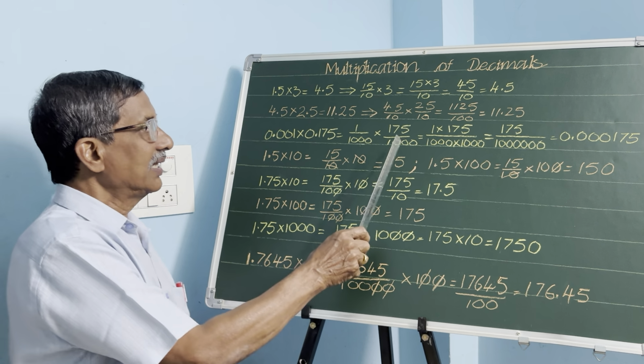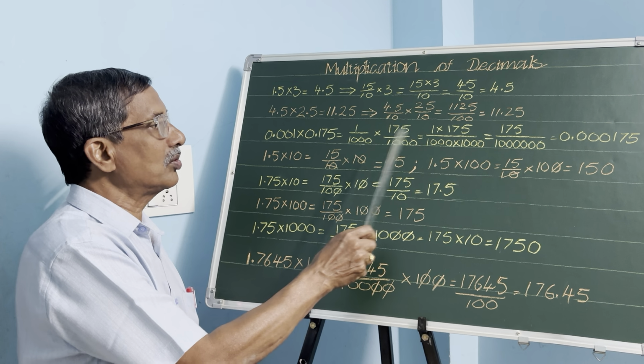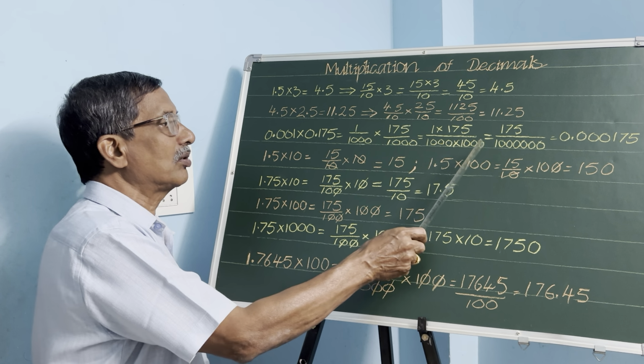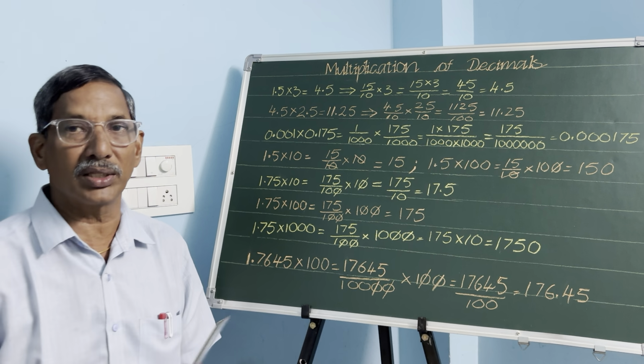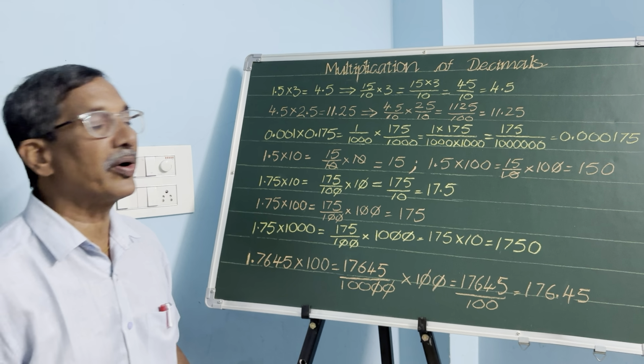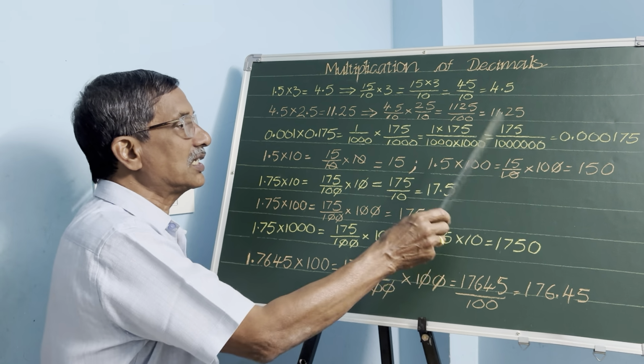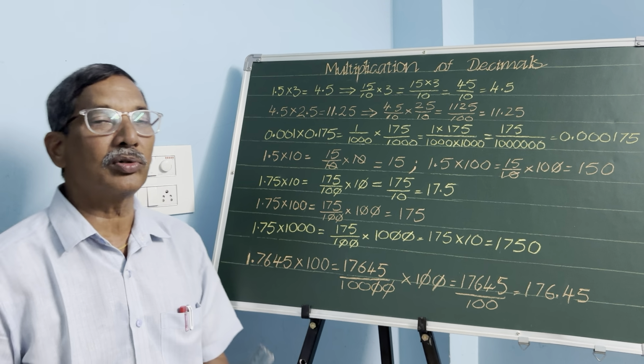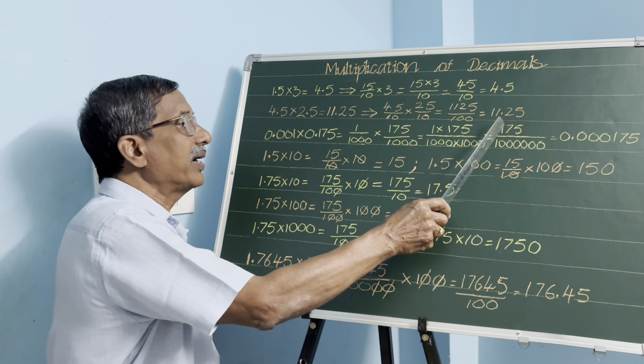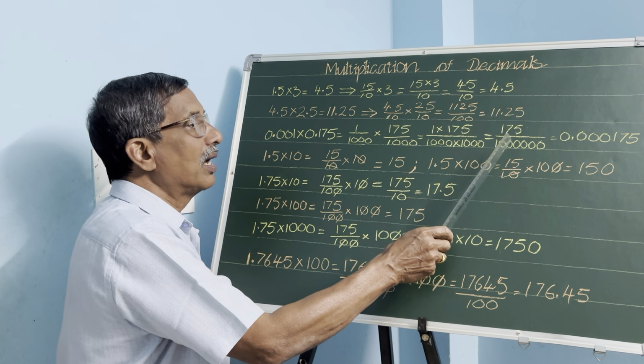There are 3 zeros in 1000 and 3 zeros in the other 1000, so the product should have 3 plus 3, 6 zeros. So it is equal to 10 lakh. Now write 175 by 10 lakh.